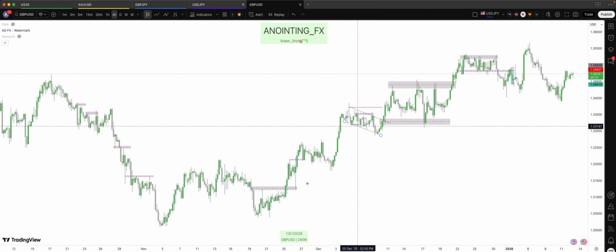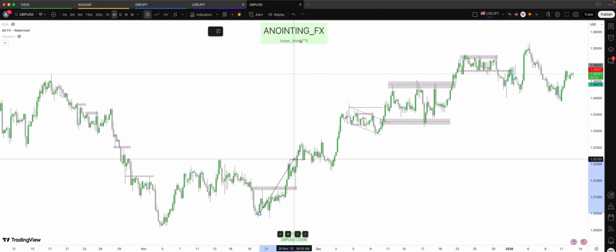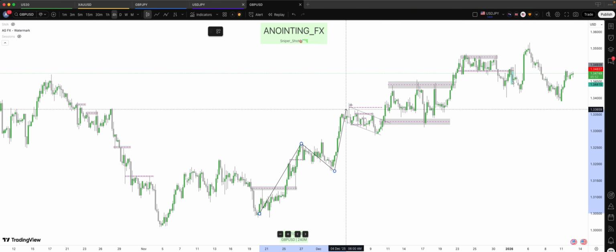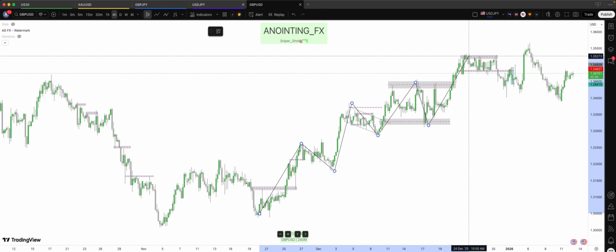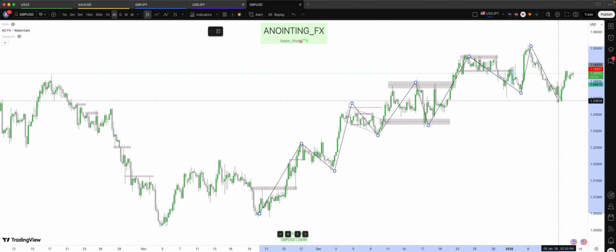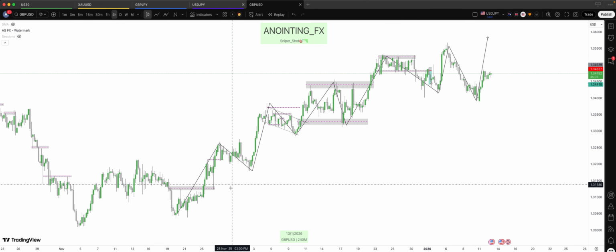Now in the current form, you can see that the market is bullish. You see that we are forming series of higher highs, higher lows, higher highs, higher lows, and then possibly we are expecting another higher high. So in this regard, you know that the market is bullish.